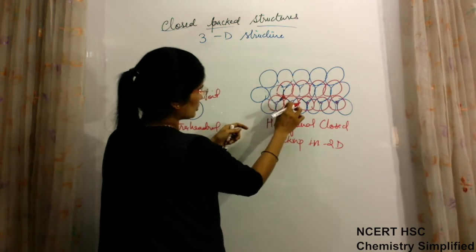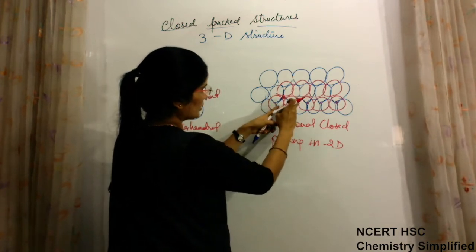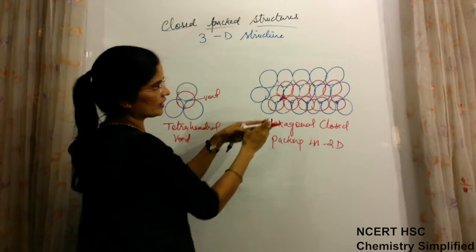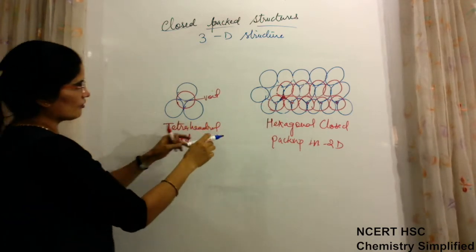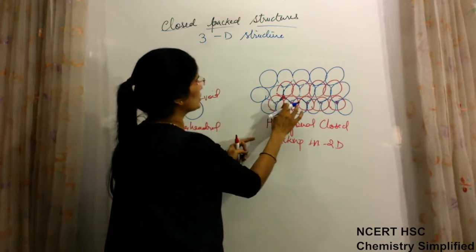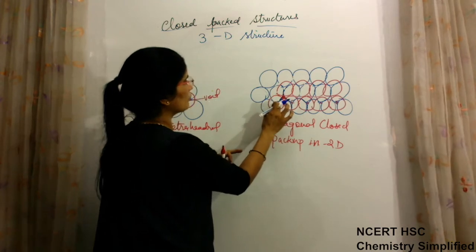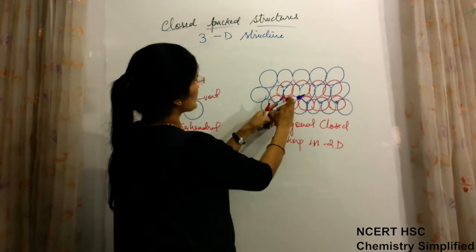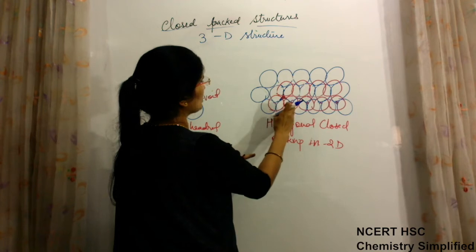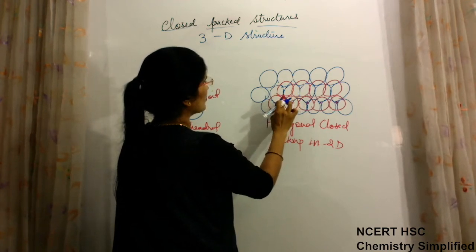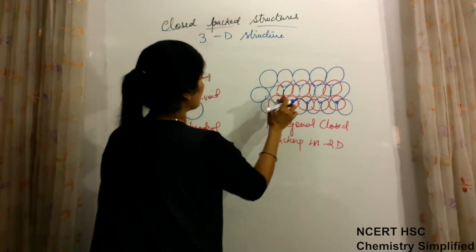Okay, 1, 2, 3, there was a void, and 1, 2, 3 red particles have covered this void. That means one structure is like this: 1, 2, 3 blue particles, the void covered by red. This structure is somewhat different. 1, 2, 3 blue having a void are covered by 1, 2, 3 red covering that void.